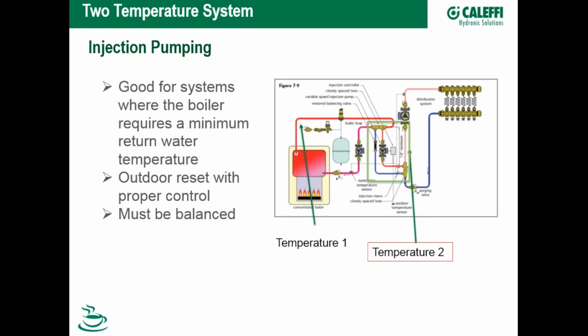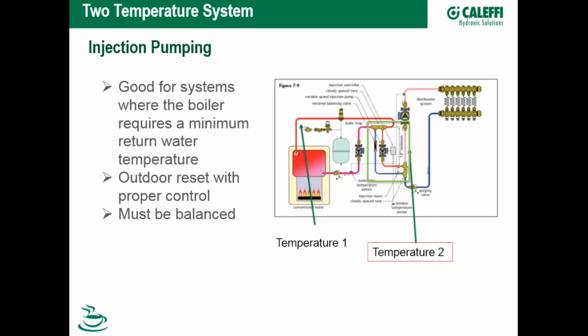So with the injection pumping, think of it as essentially 2 water temperatures, and then the injection risers making the connection between the 2. Okay? The loop over here with the boiler is the boiler loop. The boiler loop is kept hot, and it's kept hot enough so this non-condensing boiler is always above the dew point from the combustion process. Okay?